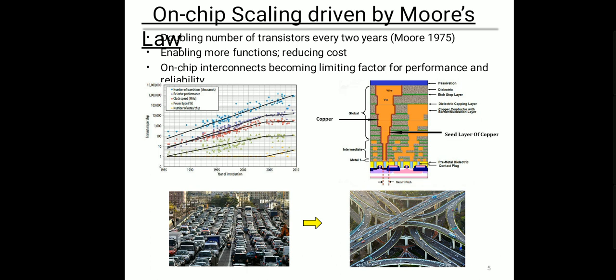The activities involved in these transistors are more, and it's reducing cost by day. On-chip interconnect is becoming a limiting factor for performance and reliability, meaning they are reducing their capability and reliability.